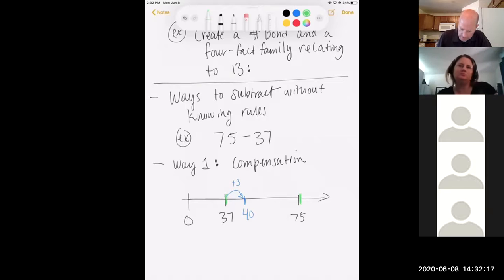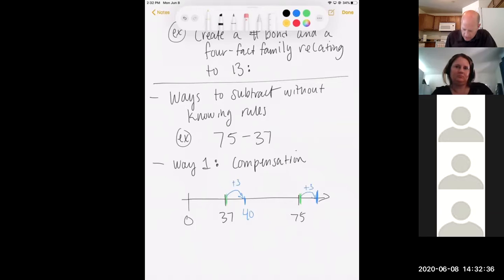So what I need to do is compensate by adding 3 to 75 so I can maintain the difference. So if I add 3 here to get a new number with the blue tick mark, then the difference is maintained.